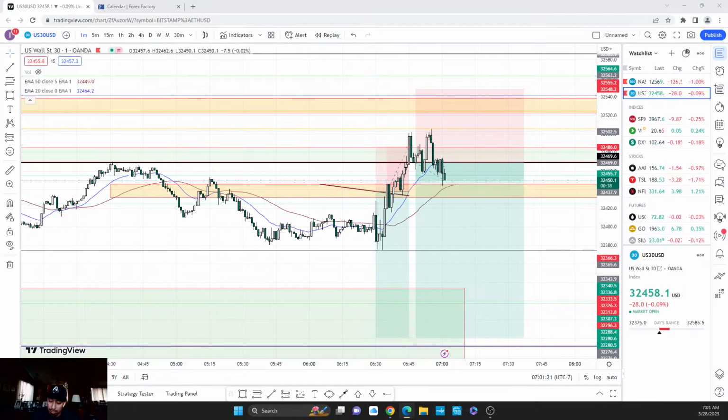So, I'm gonna move my stops to break even. Oh shit, I'm only up about 10 pips, and it's about to stop me out right now. Still no numbers.